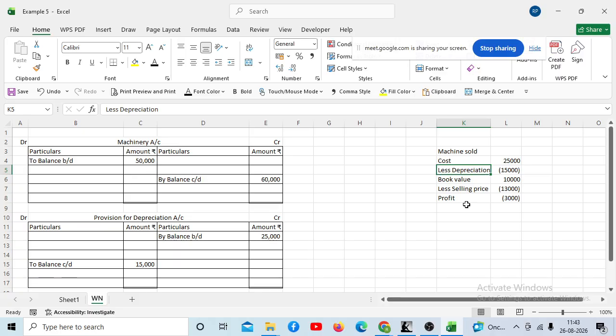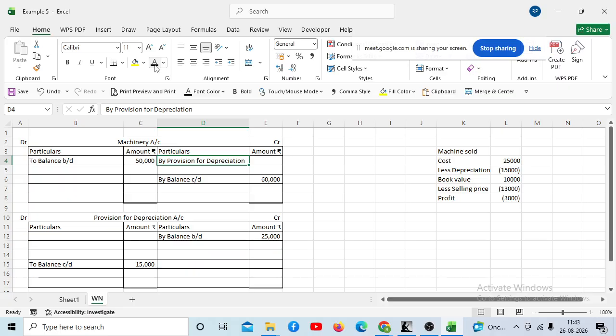What is the golden box telling? If asset is increasing, it will be written on the debit side. If asset is decreasing, it will be written on the credit side. So write it on the credit side by provision for depreciation.